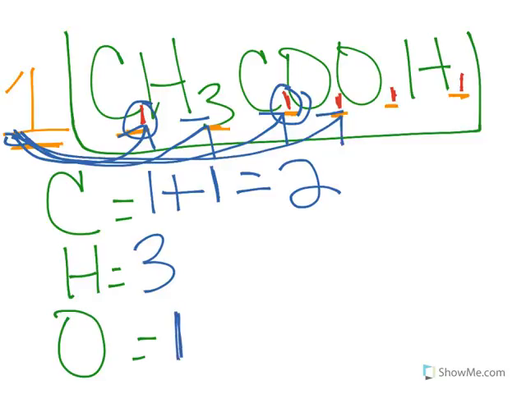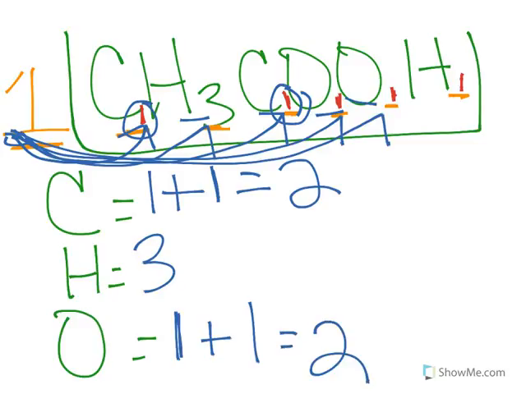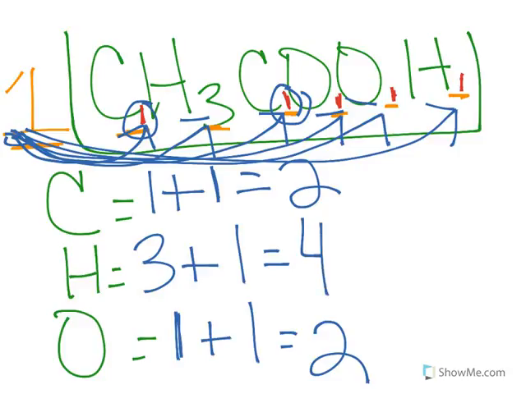That's an O. Okay, I'm going to my second O, so I'm going to add that one to the previous one. 1 times 1 is 1. And that's my last O, so that's 2. And then I just do my H. 1 times 1 is 1. So I add that to the 3 that I had. And I end up with 4.